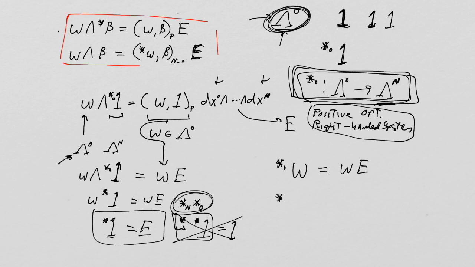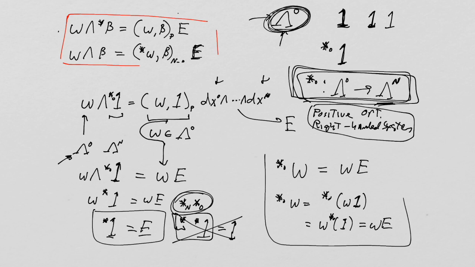The 0th Hodge dual of omega equals omega times the 0th Hodge dual of the basis vector 1, which equals omega E, right? Always true. Okay, so what's our next example?